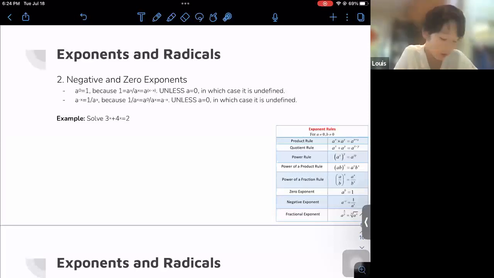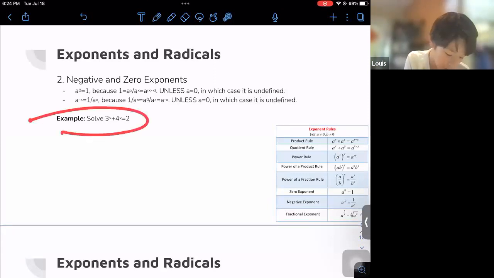Okay, so I'll give you guys 2 minutes to solve this problem right here.